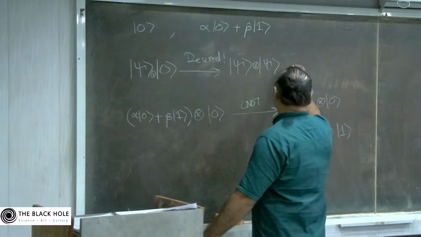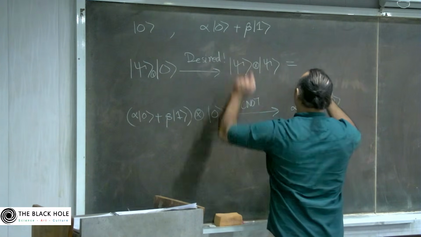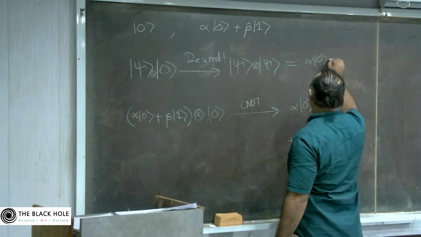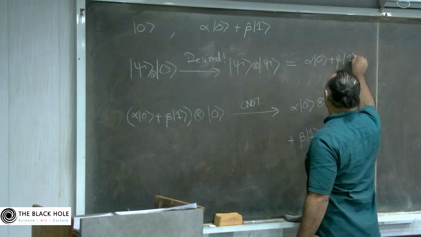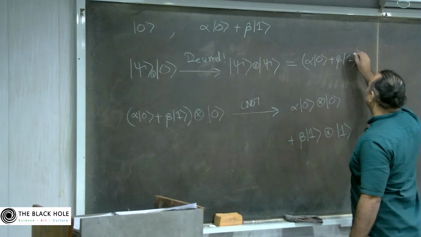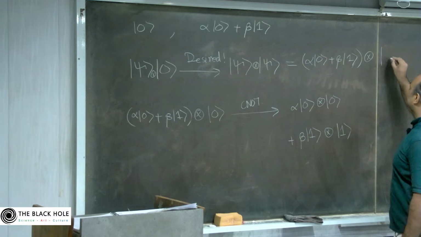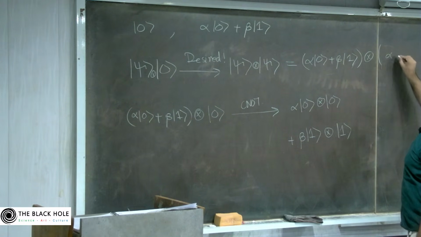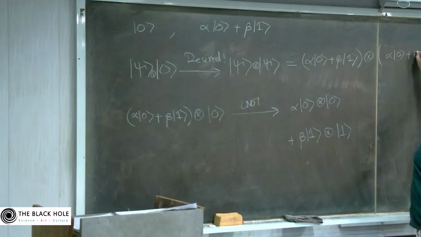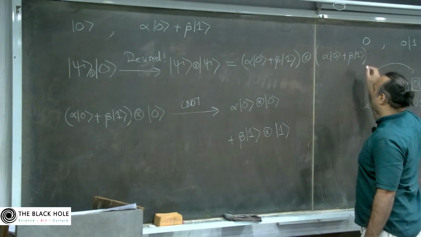What we wanted is alpha 0 plus beta 1 times alpha 0 plus beta 1.